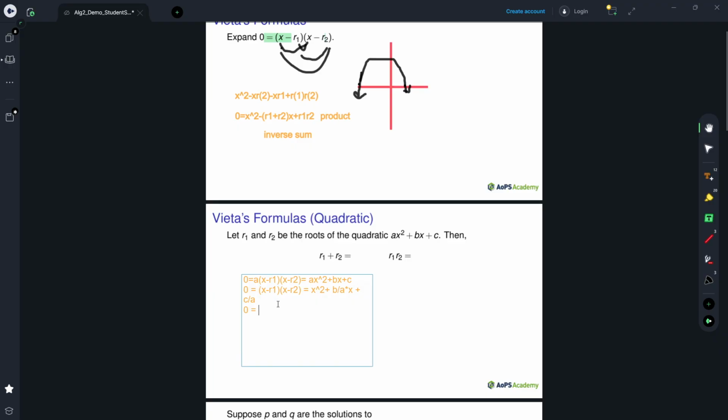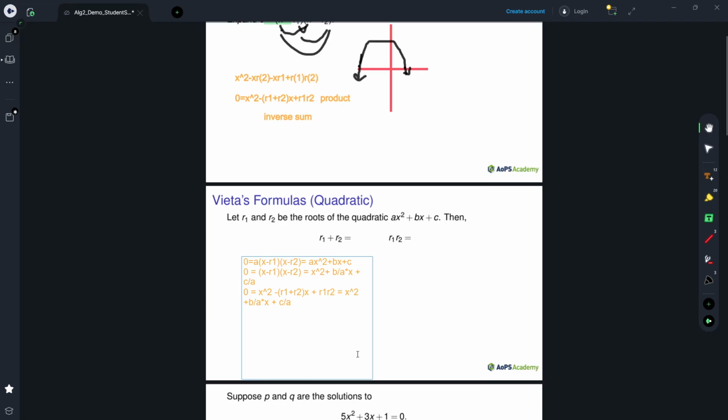So 0 equals x squared minus r1 plus r2 times x plus r1 r2. That's just copied from over here, and it is equal to x squared plus b over a times x plus c over a. So now we have the x squared term.